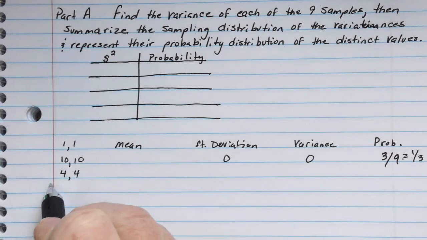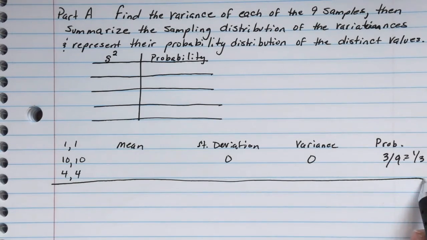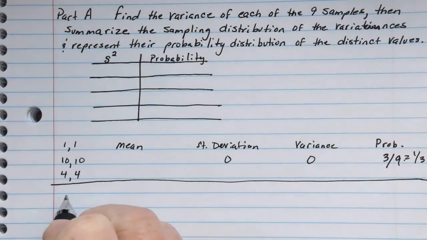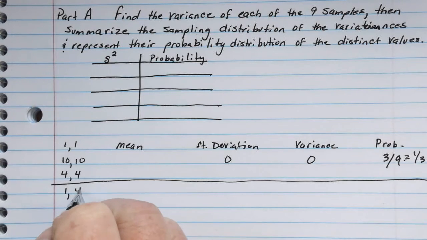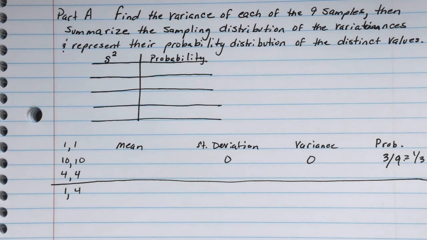Now let's look at the next possible outcomes we could have. We have 1 and 4. But notice that when you're talking about how far they deviate, meaning the average distance, 4 and 1 and 1 and 4 behave the same.